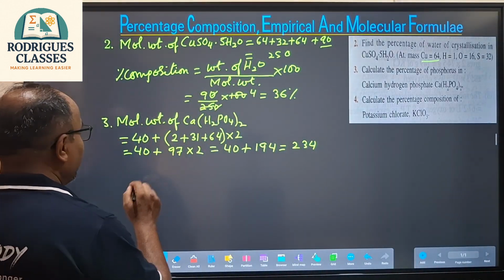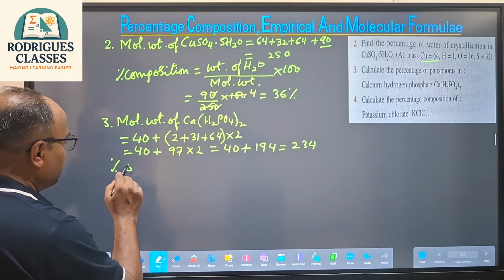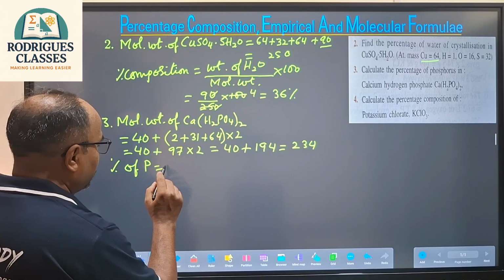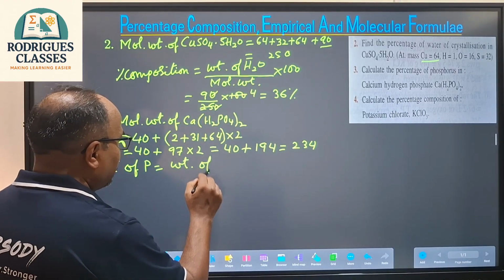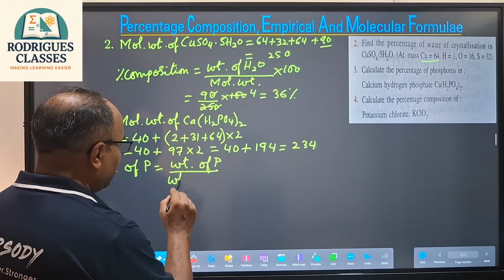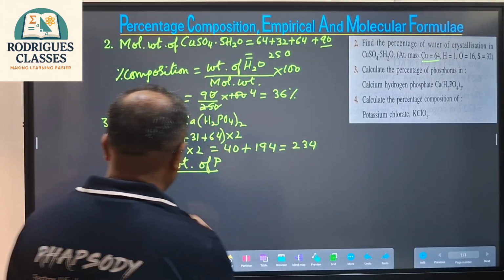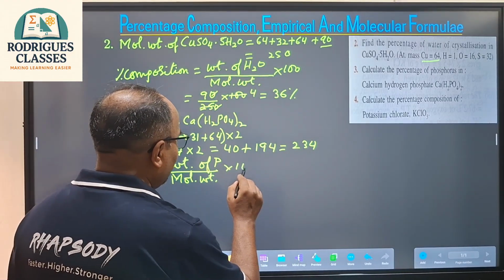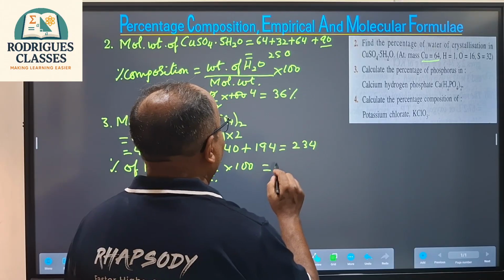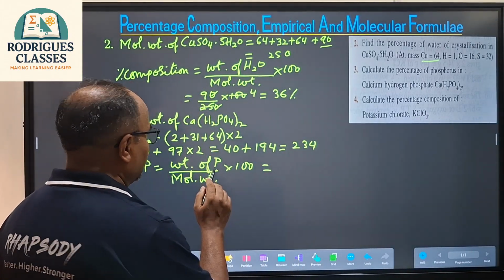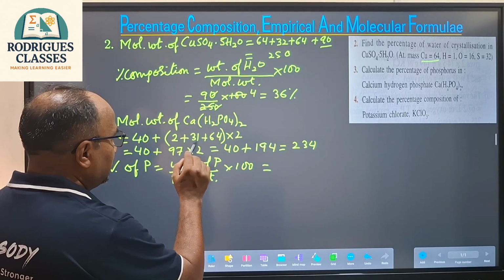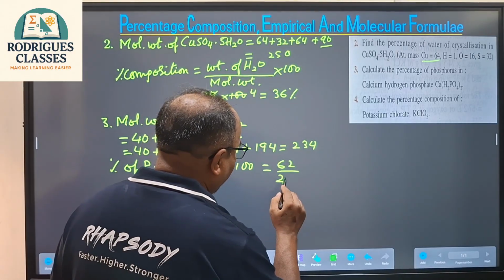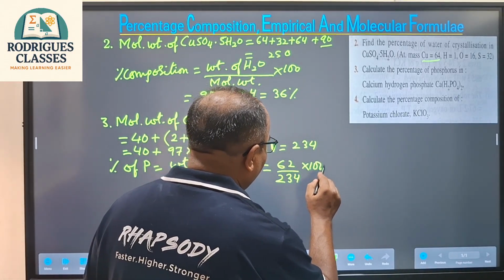So this is coming to a total of 234. Now we are asked the percentage of phosphorus. Percentage of phosphorus equals the weight of phosphorus by the molecular weight of the compound, into 100. The weight for phosphorus, take a look, is 31 multiplied with 2, which gives you 62, by 234 and then into 100.